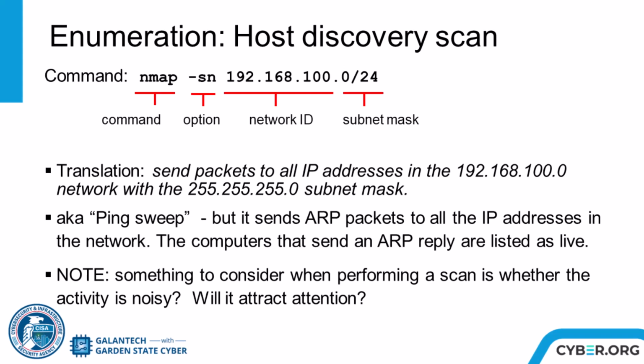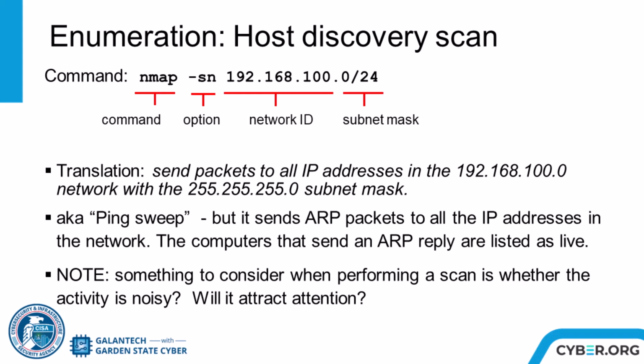What we are asking this to do is a host discovery scan, which will send packets to all IP addresses in the 192.168.100.0 network with the subnet mask of 255.255.255.0. Remember, the /24 means there are 3 255s.